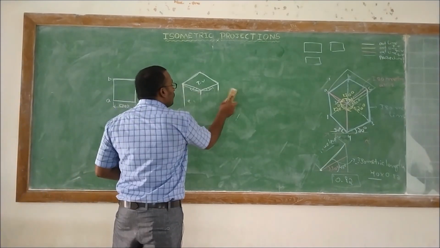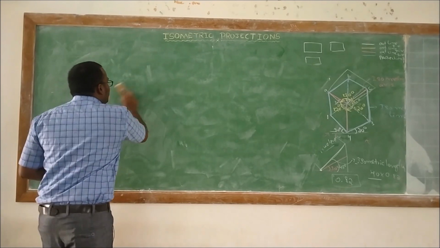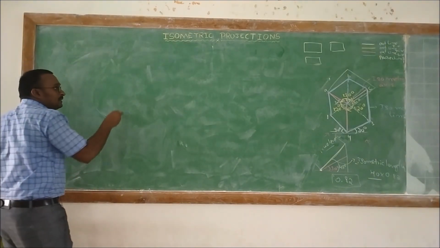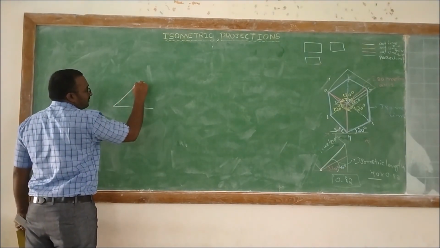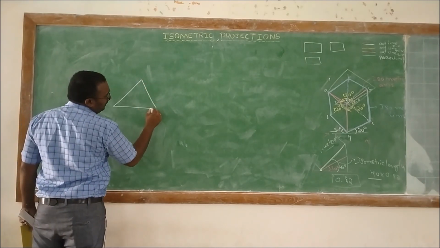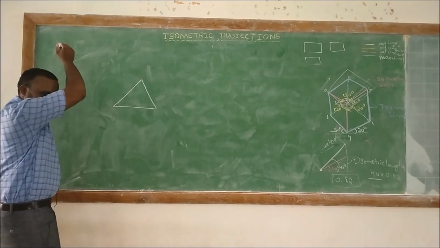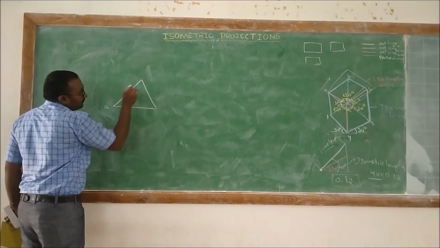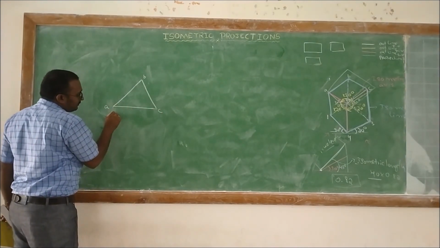Now we will see one simple problem on non-isometric lines. In the previous problem, all the lines were isometric lines. Suppose there are non-isometric lines. Here you can see triangle ABC, sorry.